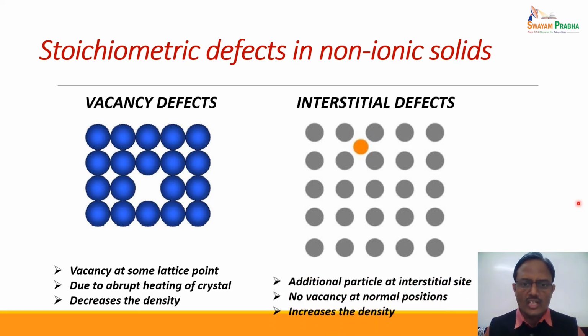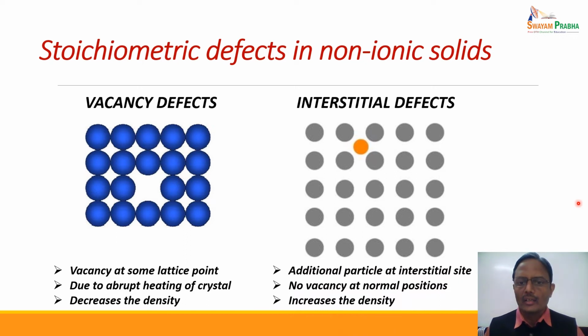In such a case, an additional particle is present at the interstitial site and there is no vacancy at the normal positions. This leads to an increase in the density because in the same volume, more atoms have now been accommodated. Both of them come under stoichiometric defects because they do not affect the stoichiometry, as it is a non-ionic solid.